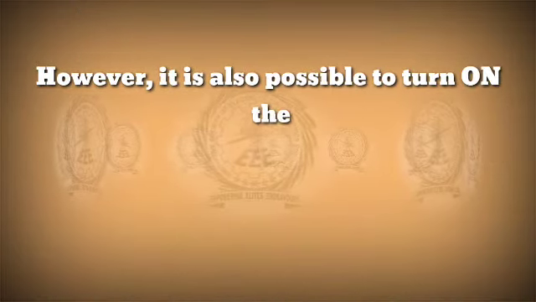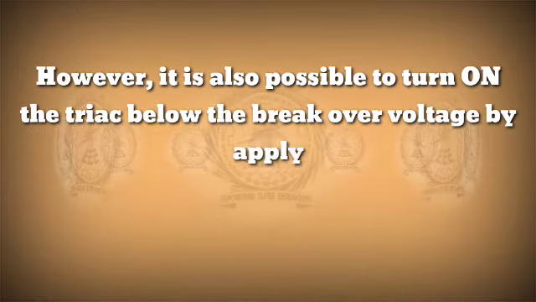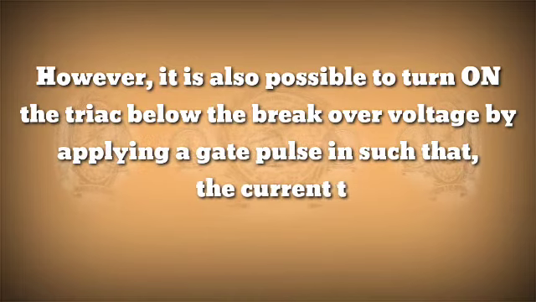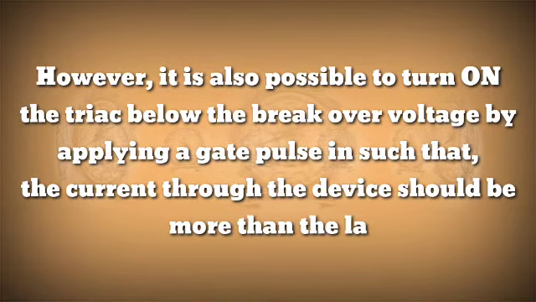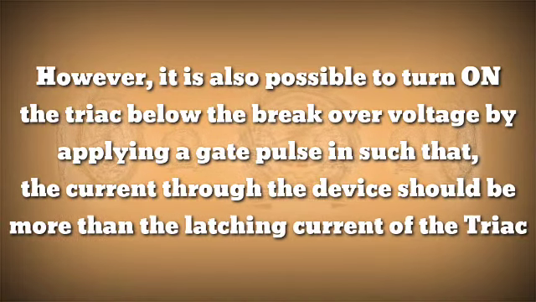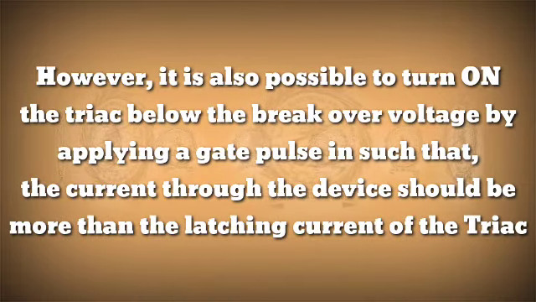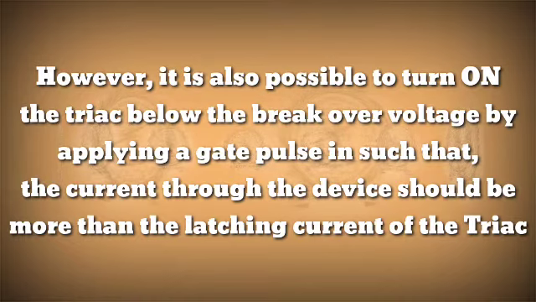However, it is also possible to turn on the triac below the breakover voltage by applying a gate pulse such that the current through the device is more than the latching current of the triac.